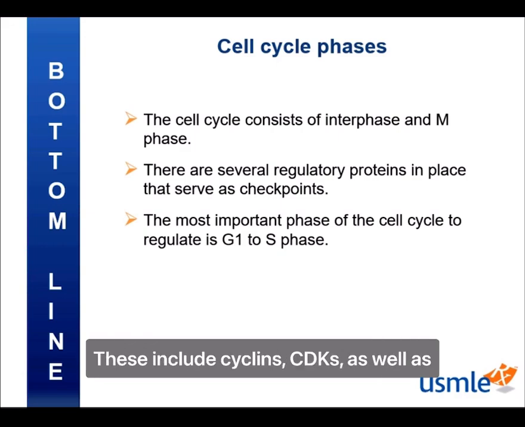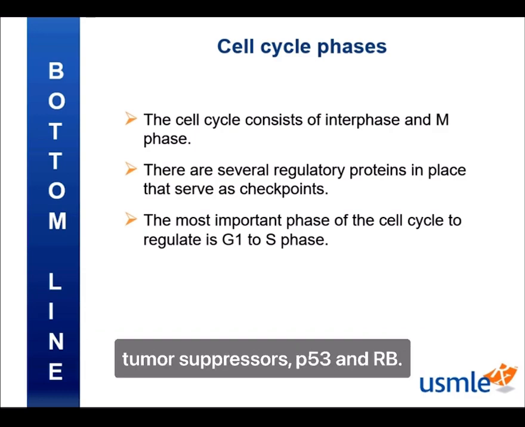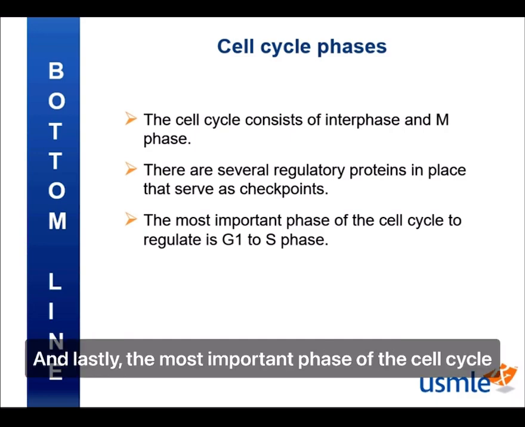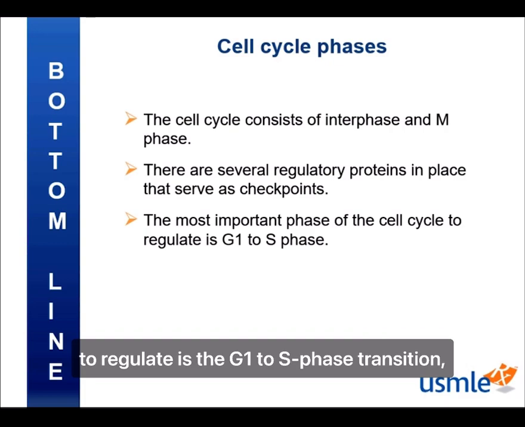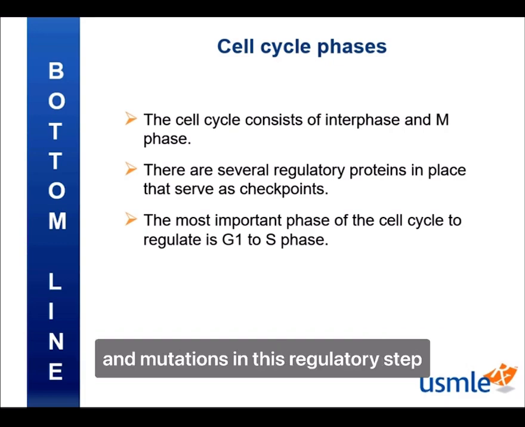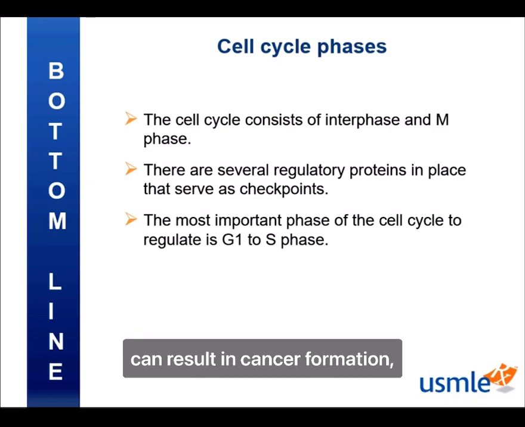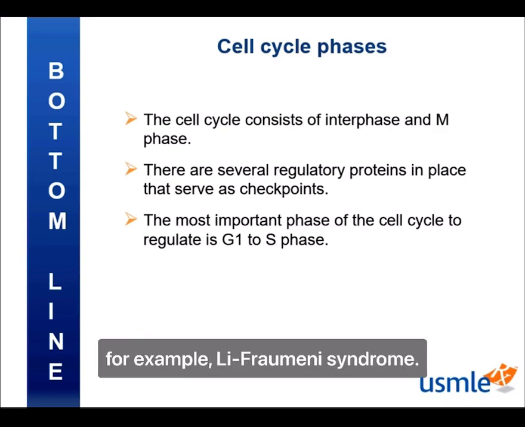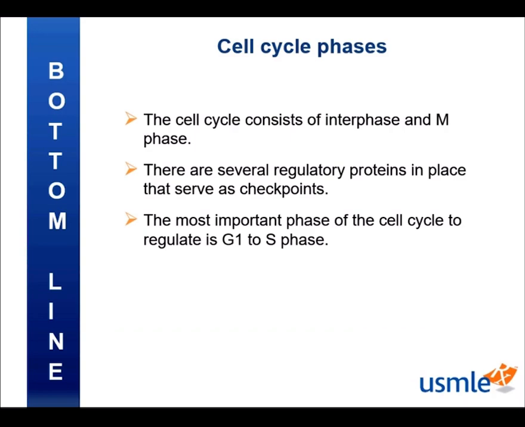These include cyclins, CDKs, as well as tumor suppressors, P53, and RB. And lastly, the most important phase of the cell cycle to regulate is the G1 to S phase transition, and mutations in this regulatory step can result in cancer formation, for example, Li-Fraumeni syndrome.